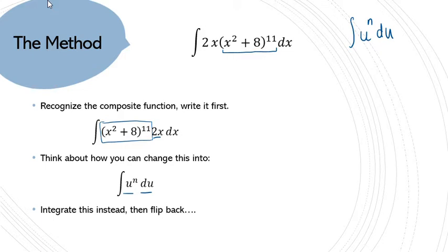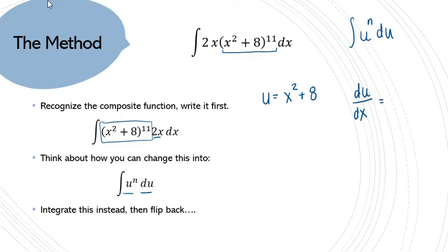Well, let's define some variables. Let's make u equal to the inner function, just like we would normally when we were doing the chain rule. So u is x squared plus 8. Now, if u is x squared plus 8, I'm going to write du over dx, that intermediate step, just because I want to be able to do some rearranging.